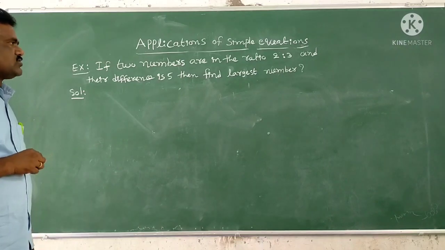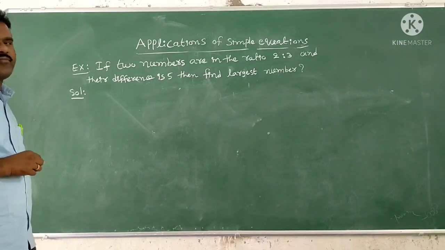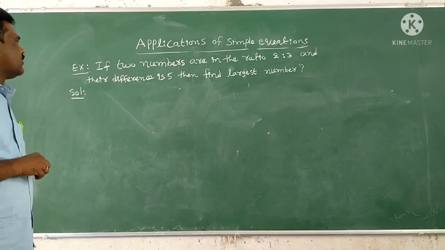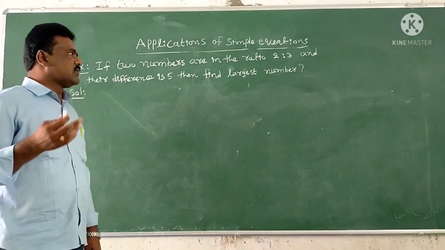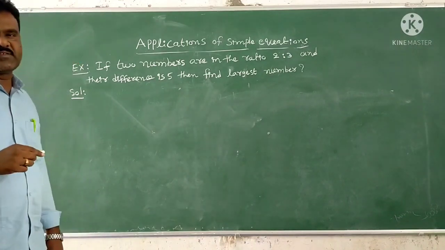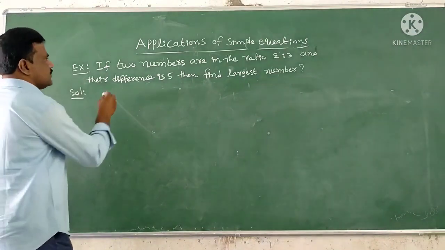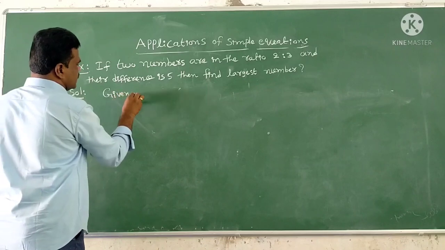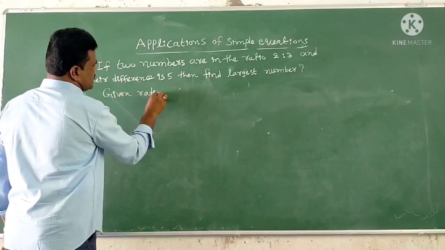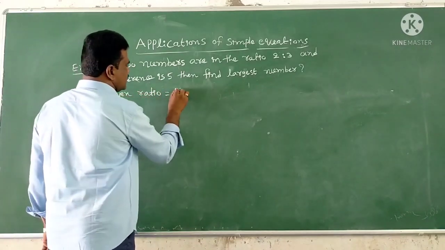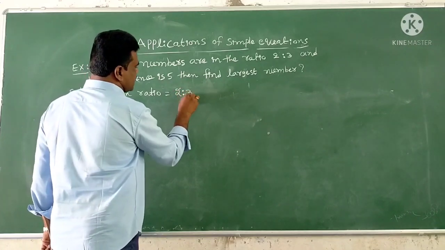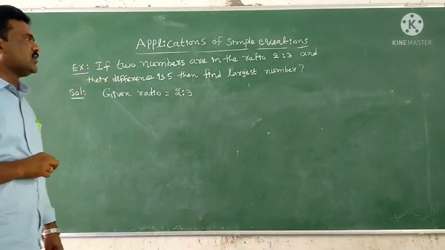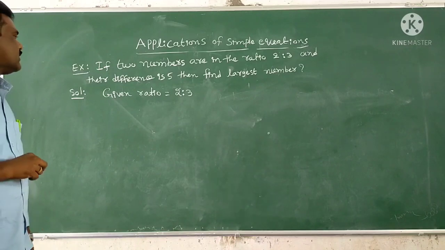Yes, the ratio of two numbers is given. What is required? Largest number is required. Given ratio is equal to 2:3.